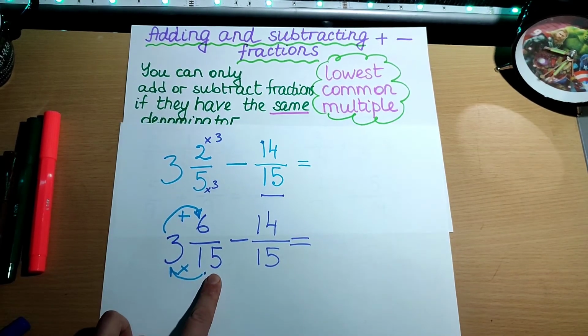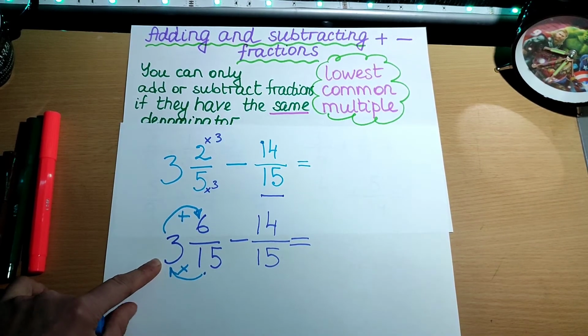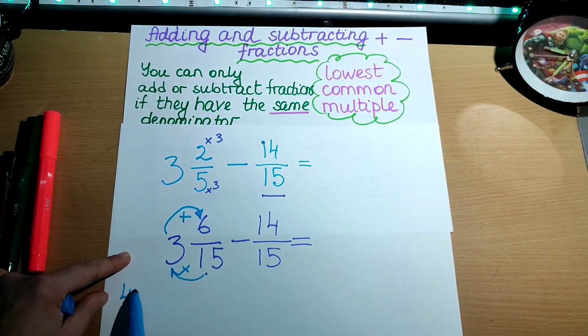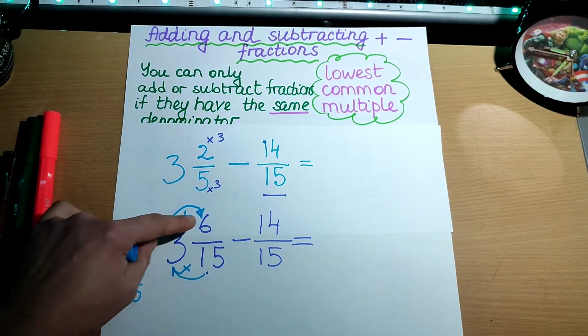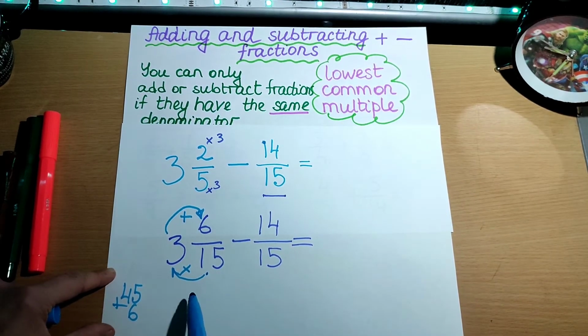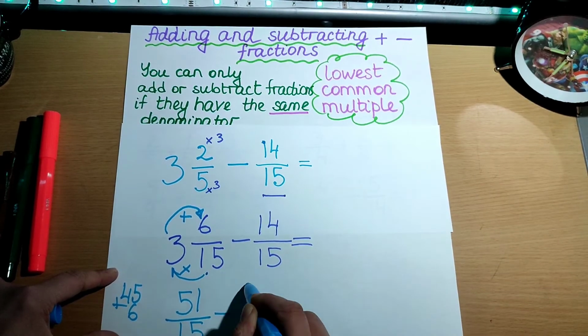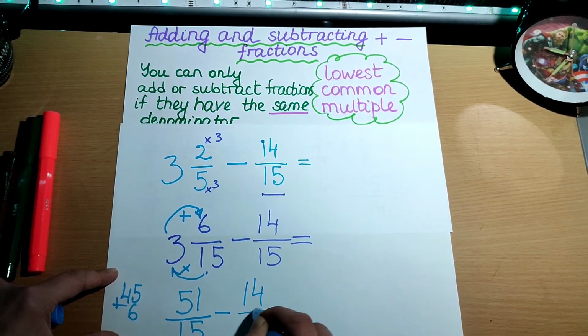So 15 times 3 is 45. And you add 6 onto it, and you're going to get 51. So 51/15, take away 14/15.